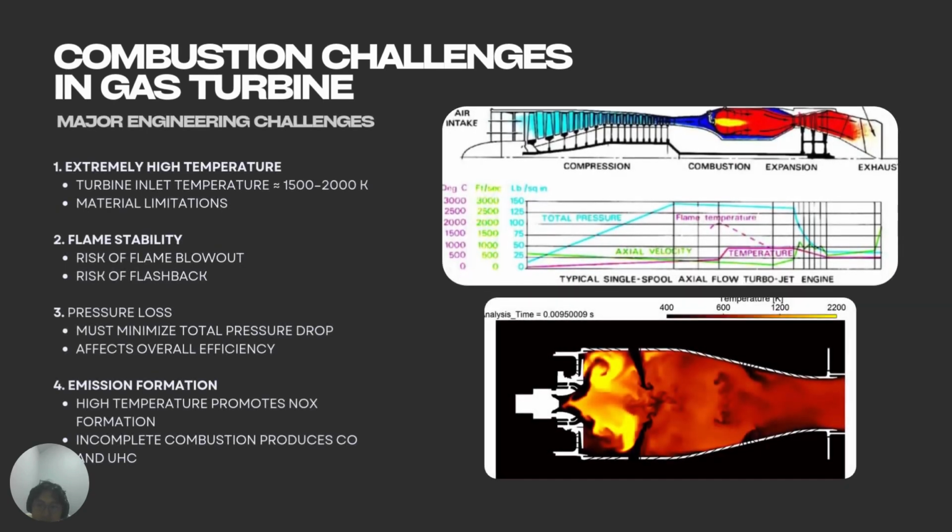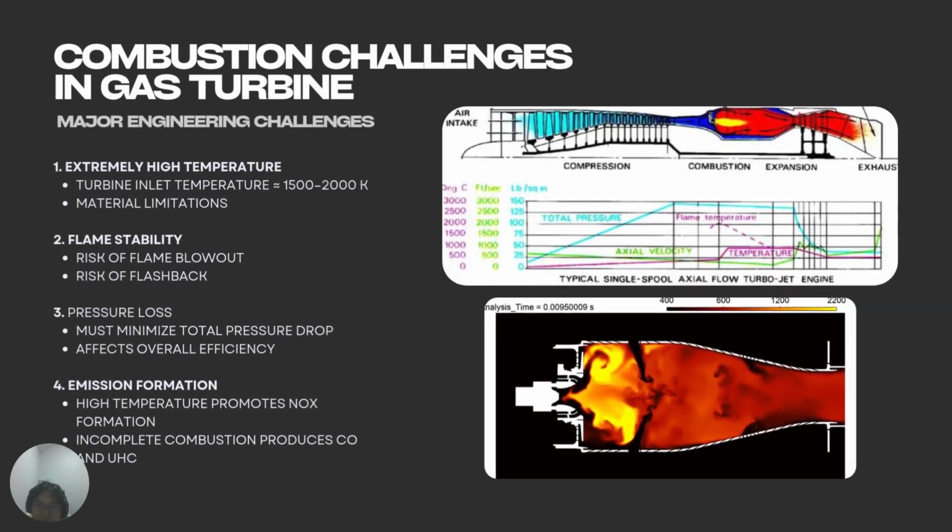Despite its advantages, combustion in a gas turbine presents major engineering challenges. We have extremely high temperatures approaching the melting point of turbine material, and flame stability must be maintained to avoid blowout or flashback.